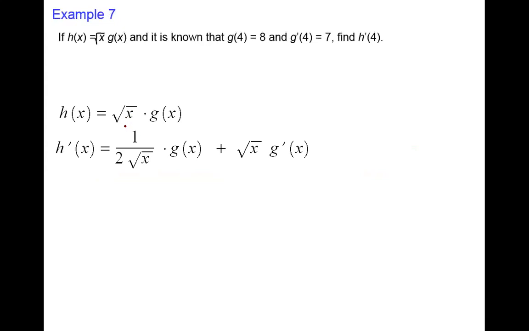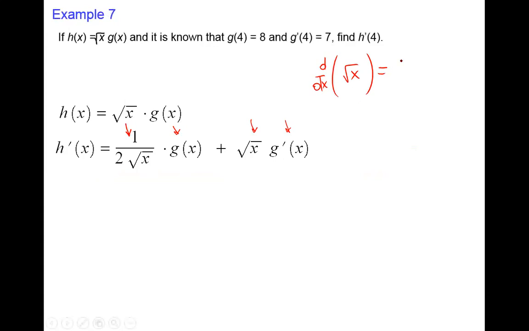Oh, maybe too fast. Derivative of the first function times the second, plus the first function times the derivative of the second. One more thing, because I put the derivative of the square root of x.